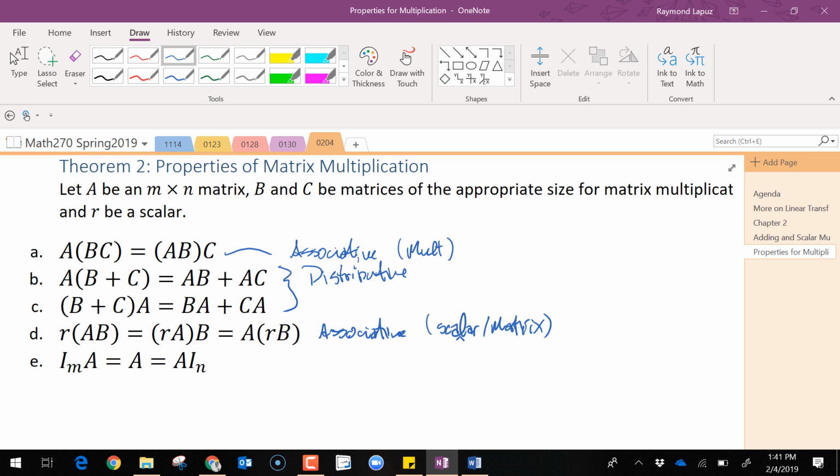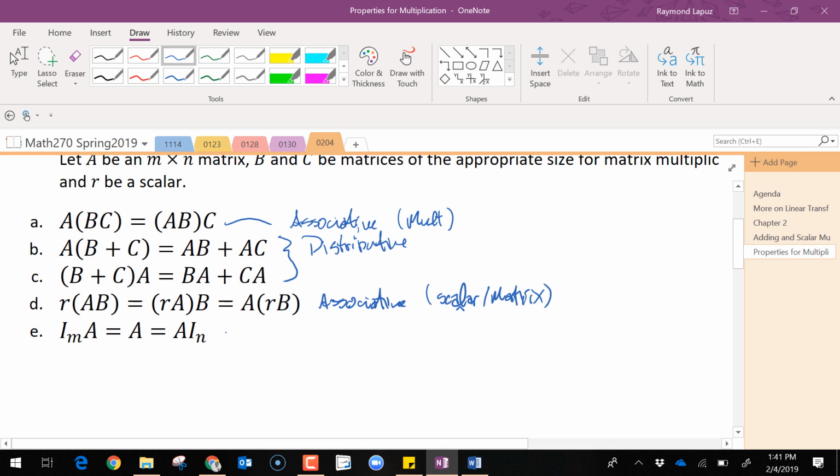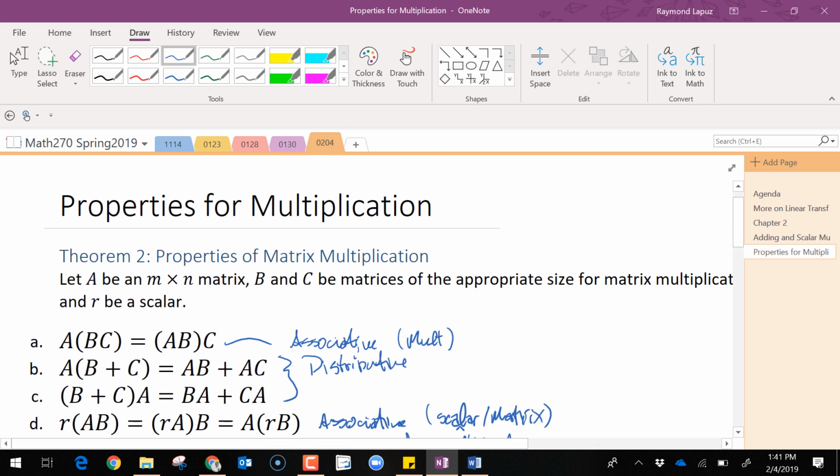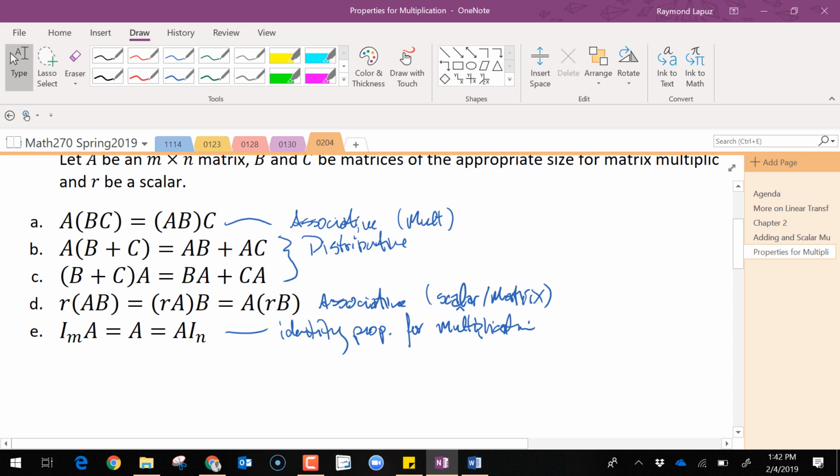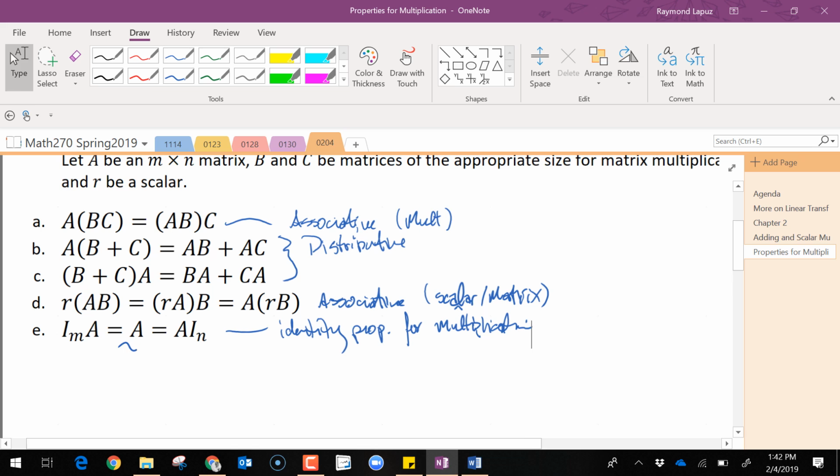This is an identity property for multiplication. Because it depends on where you multiply this by, right? So let's take a look at our example.